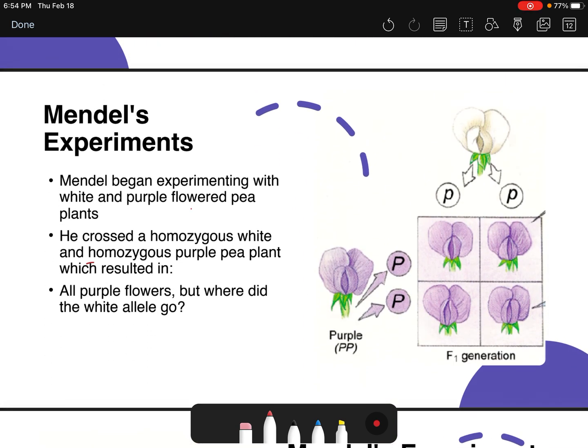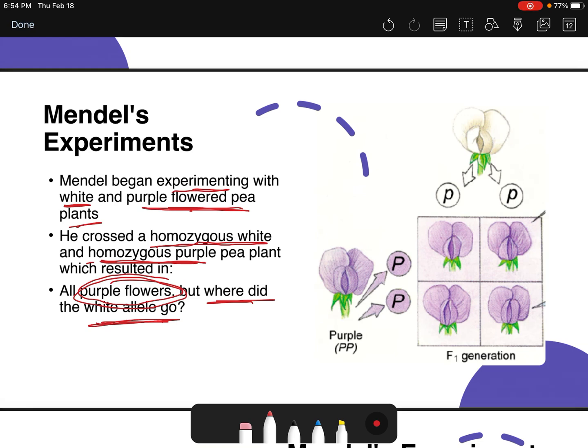Okay, so Mendel's experiments. Mendel began experimenting with white and purple flowered pea plants. He crossed a homozygous white and a homozygous purple pea plant, which resulted in all purple flowers, and he wanted to know where that white allele went.